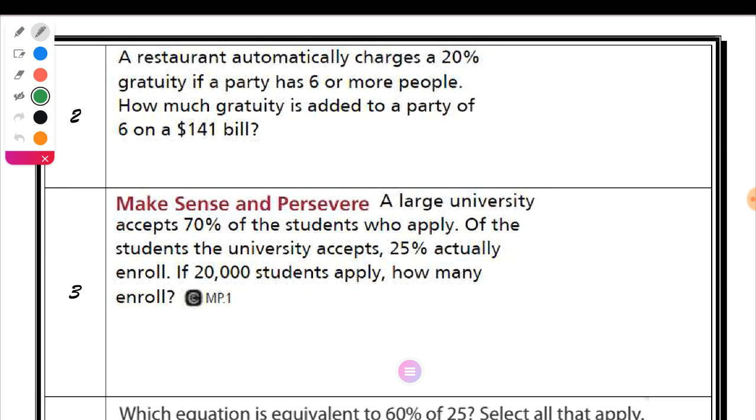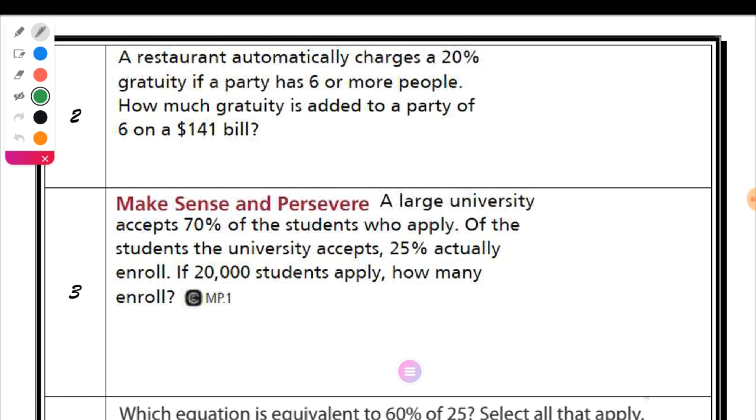A restaurant automatically charges 20% gratuity if a party has 6 or more people. Okay? That means what? If I have more than 6 in the party, I have to pay more charges.